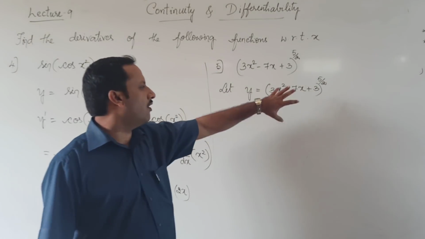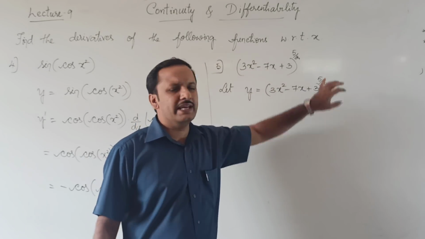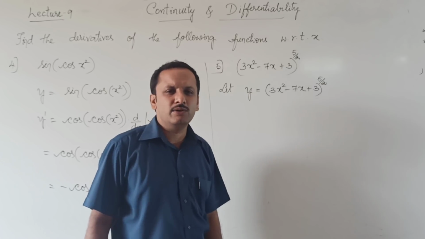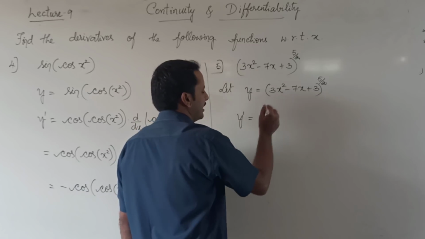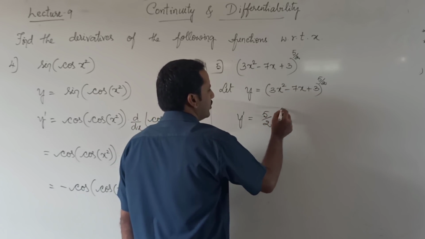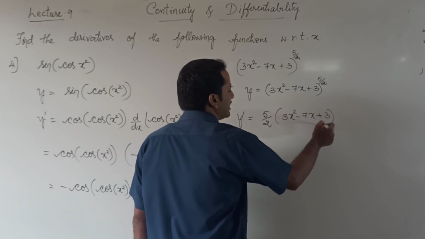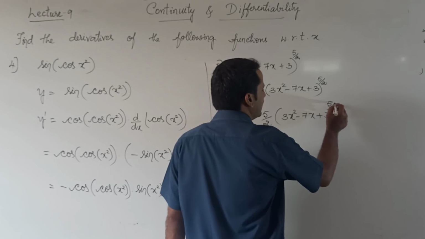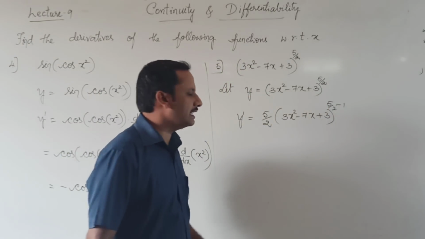This is of the form x power n. Treat this as x to the power n. The derivative of x to the power n is n into x power n minus 1. So here n is 5 by 2 into x, and in place of x we have 3x square minus 7x plus 3 to the power n minus 1, that is 5 by 2 minus 1, into what next?